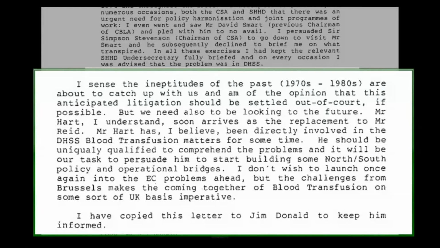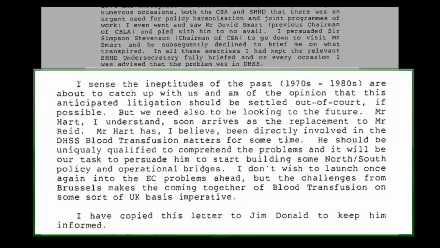And of course, it's important to bear in mind that this letter is January 1990, and there are still important decisions relating to the safety of the blood service still to be made, not least the introduction of hepatitis C screening and issues in relation to look back.